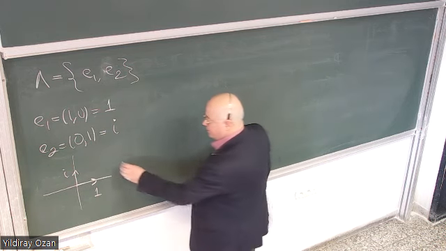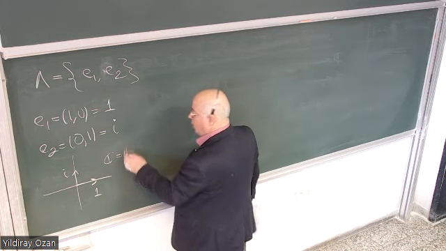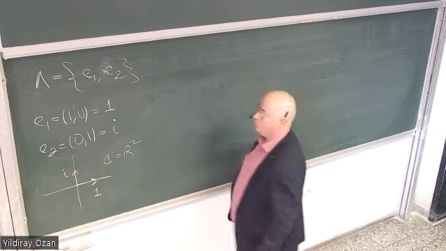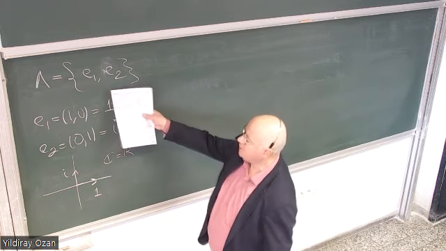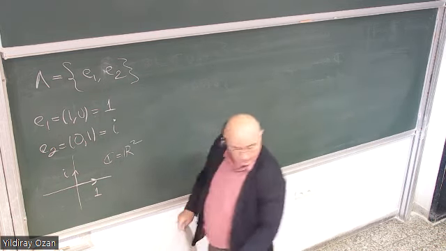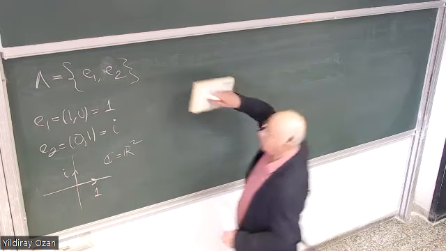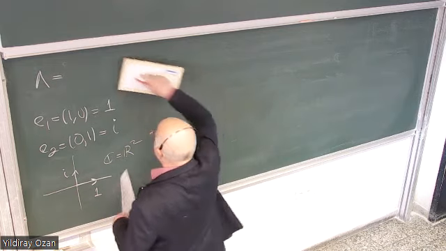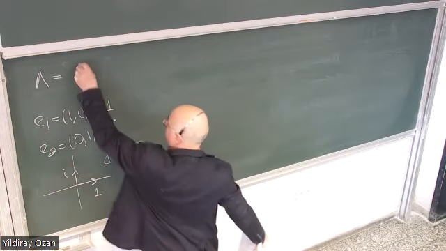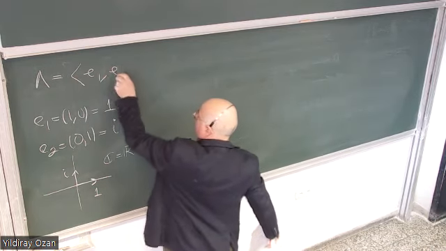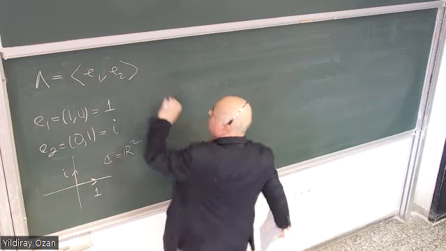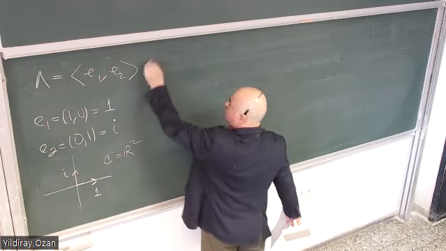This is C, or I may just consider it as R2. This is the discrete subgroup generated by this. So actually, this is not a correct notation. I should write it like this, maybe. E1, E2. So what is the discrete subgroup generated by this?